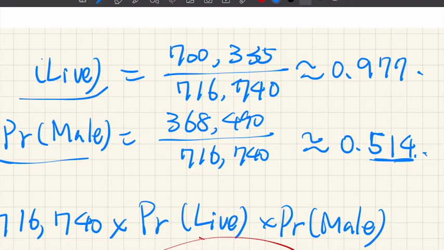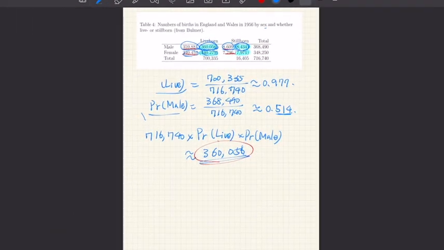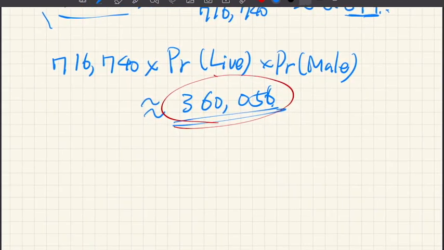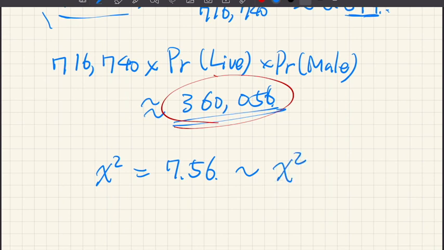If you calculate these numbers, I think the chi-square will be about 7.56 in this case. So this follows a chi-square distribution, but with how many degrees of freedom?